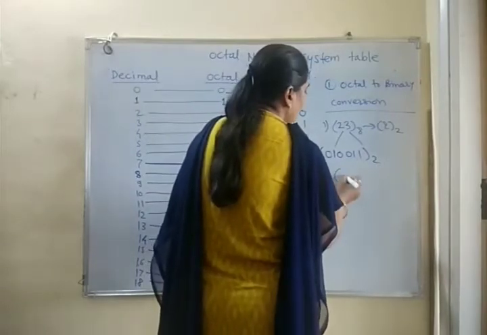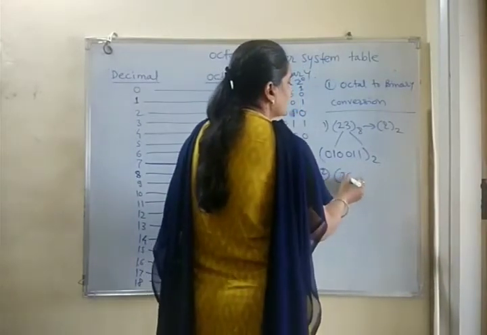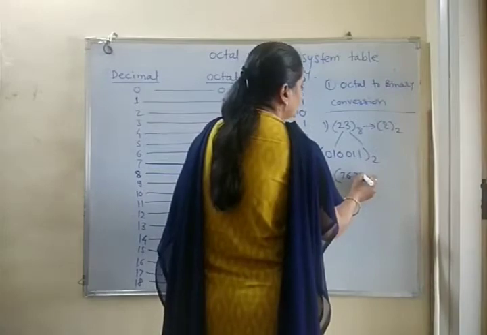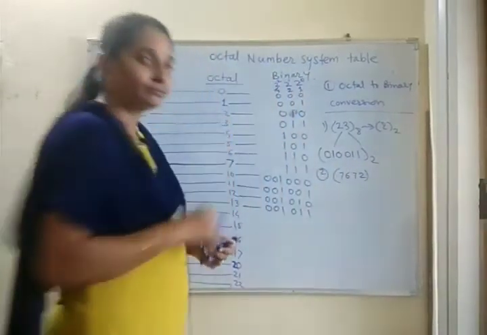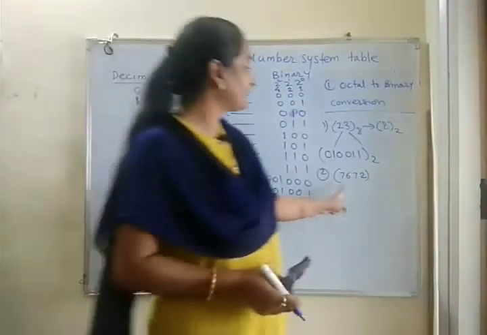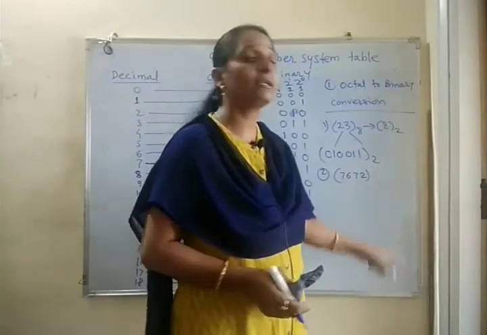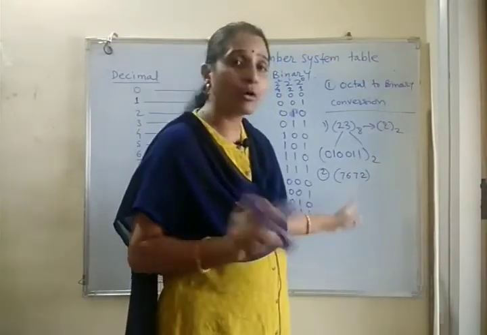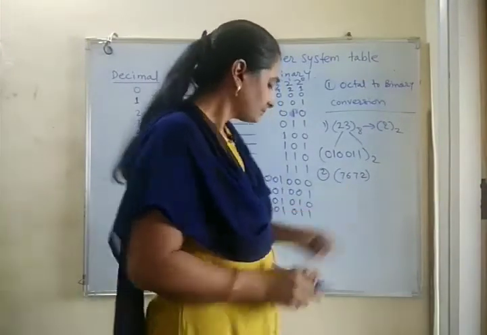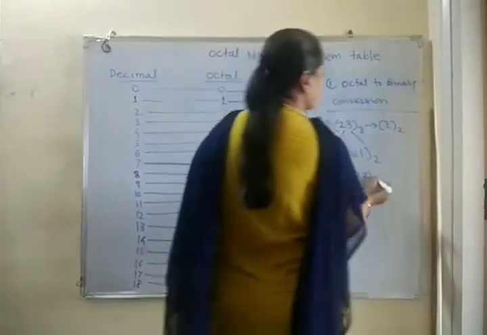Second example we open. 7672. Don't read it as seven thousand six hundred seventy-two, it is wrong because you are writing in the octal number system.